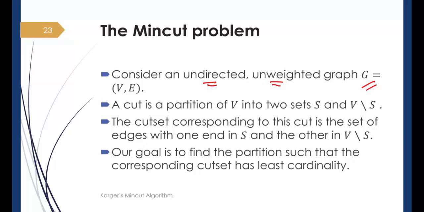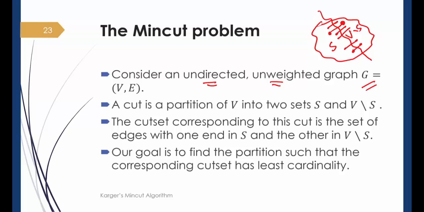A cut is simply a partition of the vertex set into two sets. So if this is your set of vertices, a partition into set S and V minus S is a cut, and the cut set corresponding to this cut will be the set of edges with one end in S and the other end across the cut in V minus S. So, all these edges that go across the cut comprise the cut set.